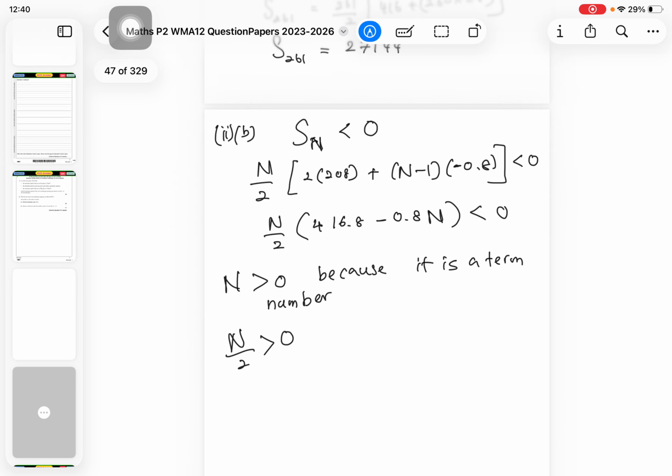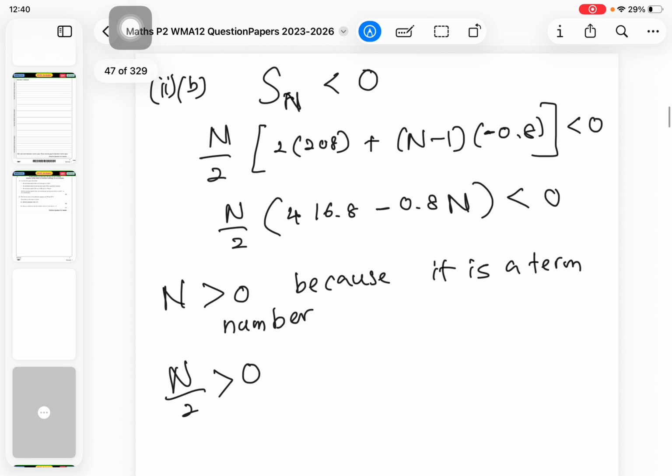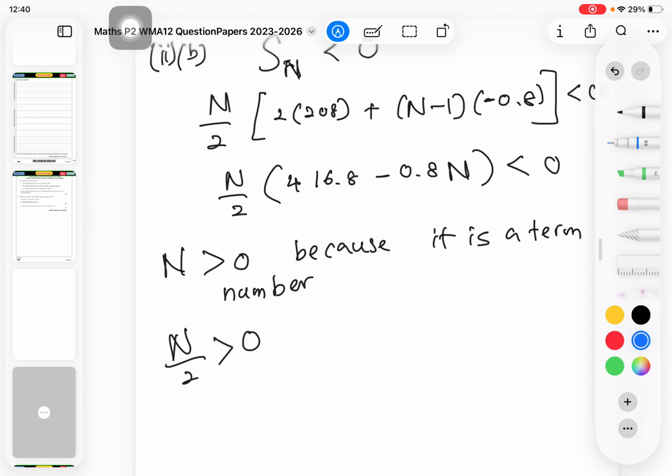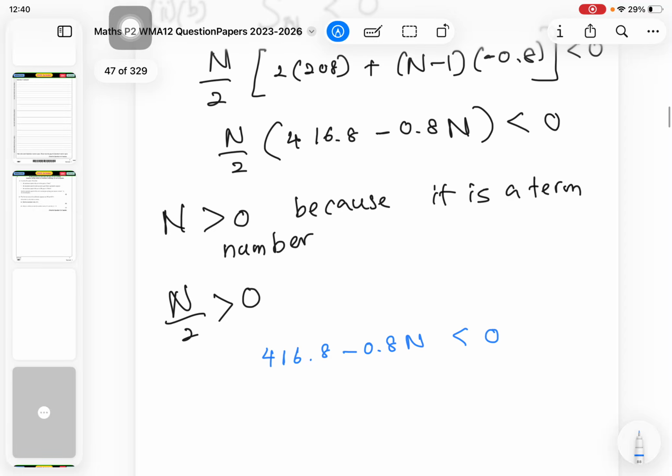So when we know they are positive, we can simply multiply these things. When you are multiplying, the left side is going to get simplified: 416.8 minus 0.8n less than 0. Because it's positive, when we multiply, the inequality sign doesn't change.